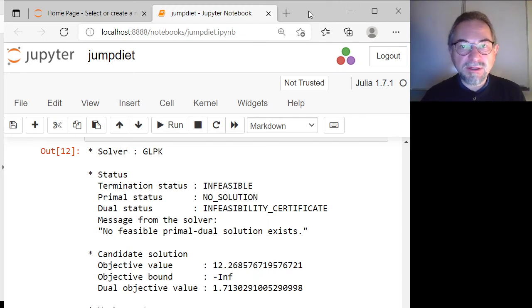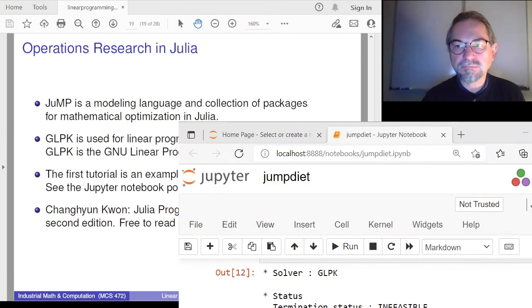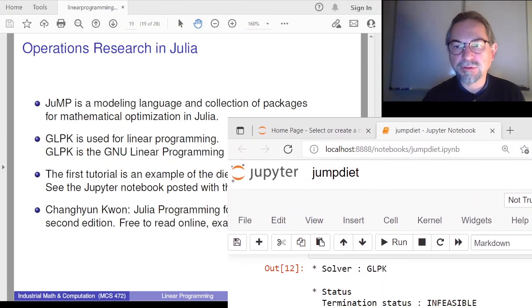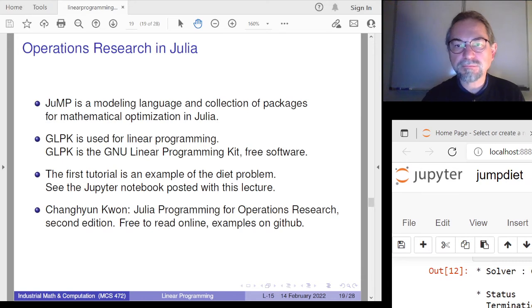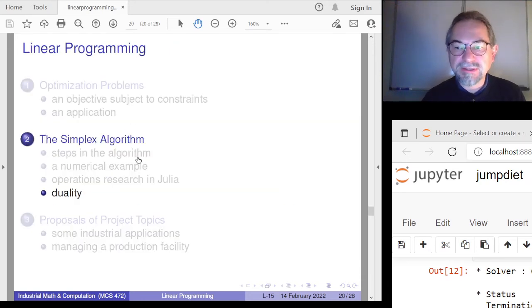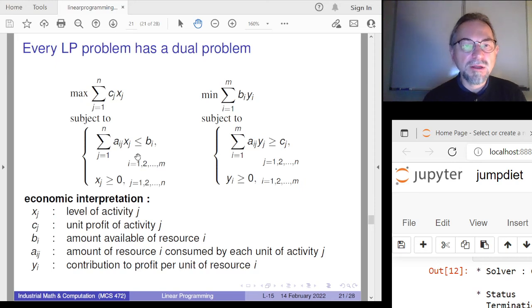Okay, very well. So we are done with our Jupyter notebook. So let me go back to the slides. I still have to explain duality, so we still have about 14 minutes left. So what is duality?